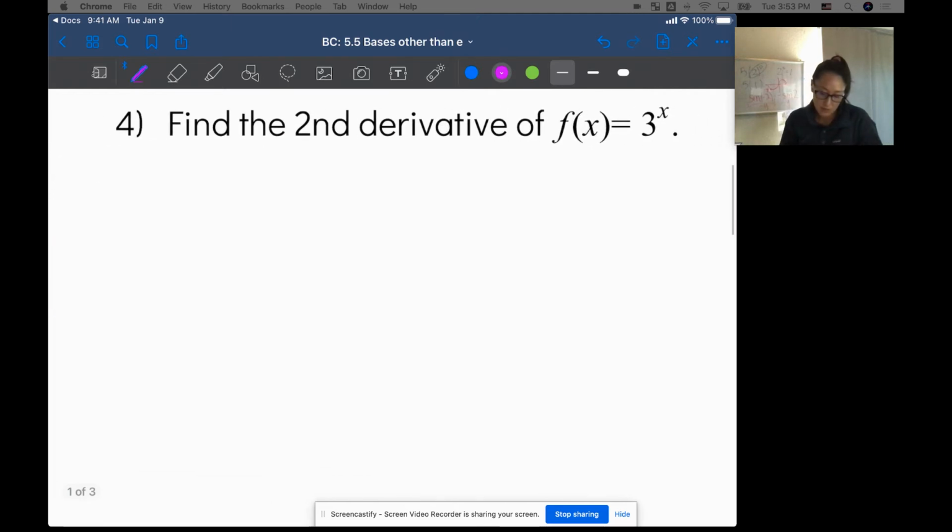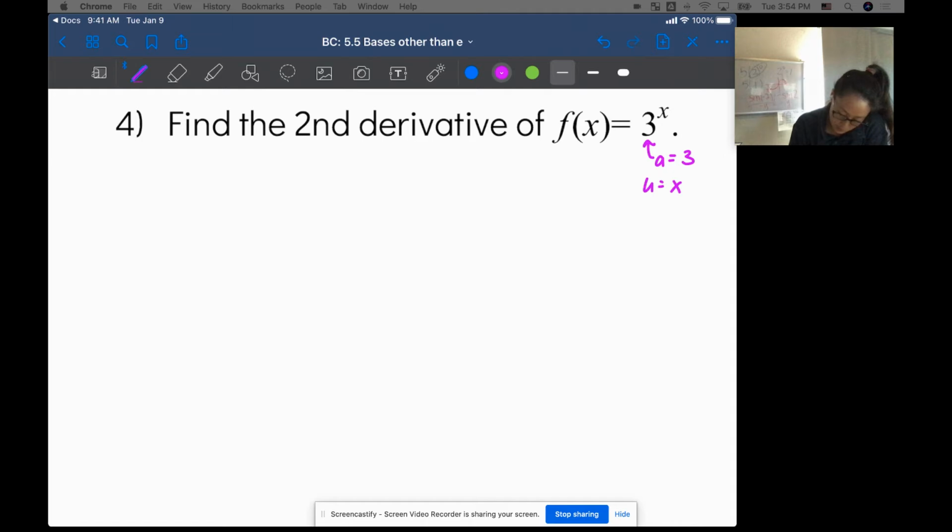Find the second derivative of 3 to the x. So we have f of x. 3 is not a base of e, so my base a is equal to 3 and my u is equal to x.